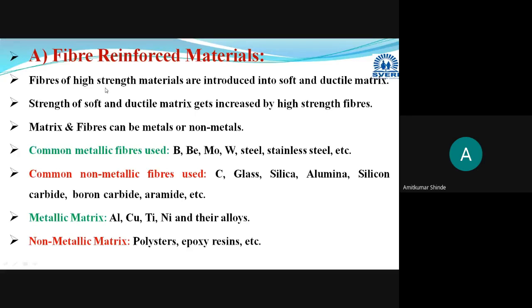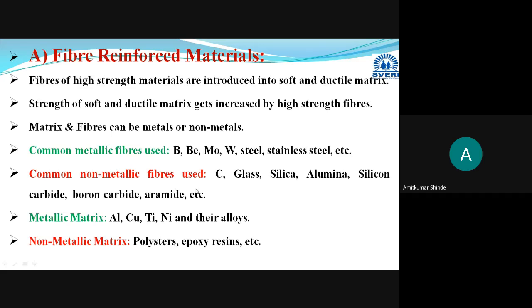Fibers provide high strength in the soft ductile matrix. The strength gets improved due to the addition of these high strength fibers. The fibers may be metallic or non-metallic in nature. Common metallic fibers are boron, beryllium, steel, stainless steel, tungsten, molybdenum.